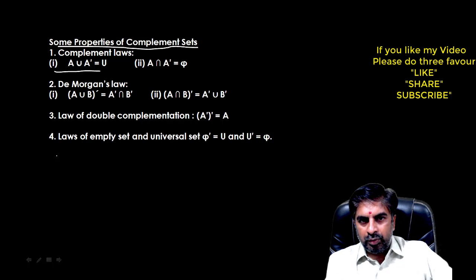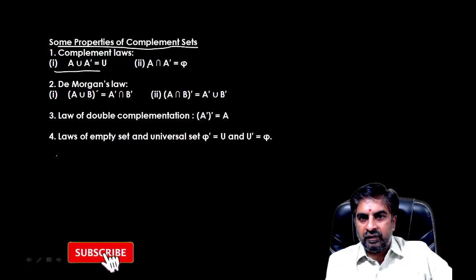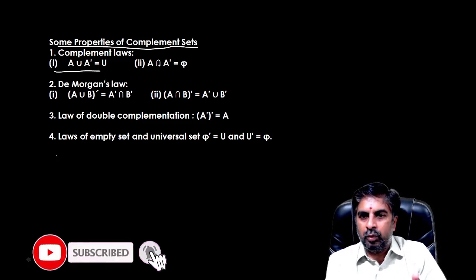So 1, 2 union 3, 4, 5 will give you 1, 2, 3, 4, 5, that is the universal set. Same way, A union A dash equals the universal set. A intersection A dash will be the null set. As I said, A is 1, 2 and A dash is 3, 4, 5, so if you take the intersection, there are no common elements, so it is directly the null set.